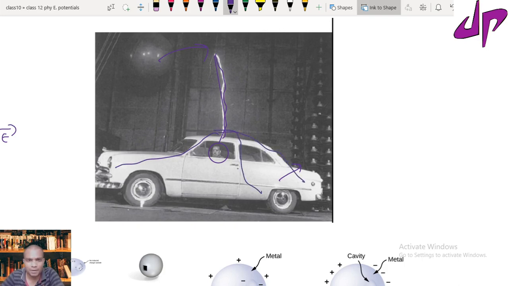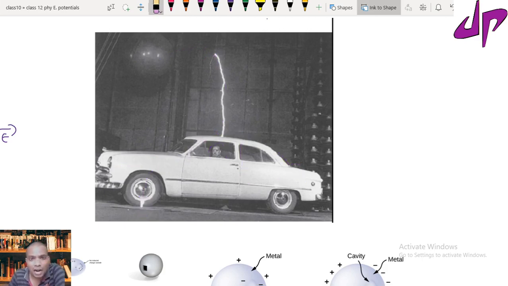It will be spread, and you can see closely at the front tire one small tiny spark. This spark carries the entire charge to the earth. In that case, the person who sat inside the car is safe and sound. This is the example of electrostatic shielding.